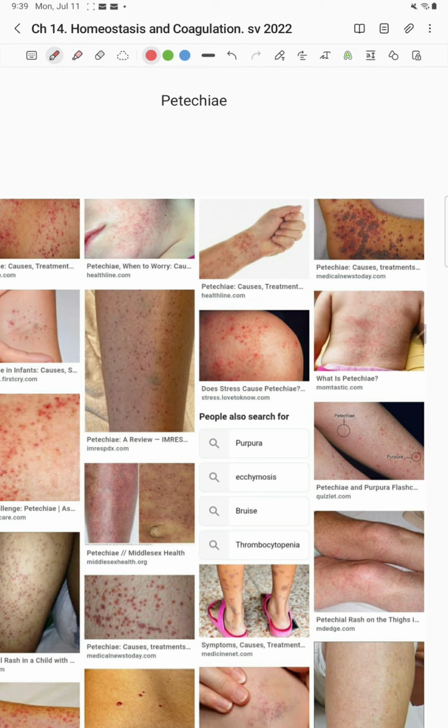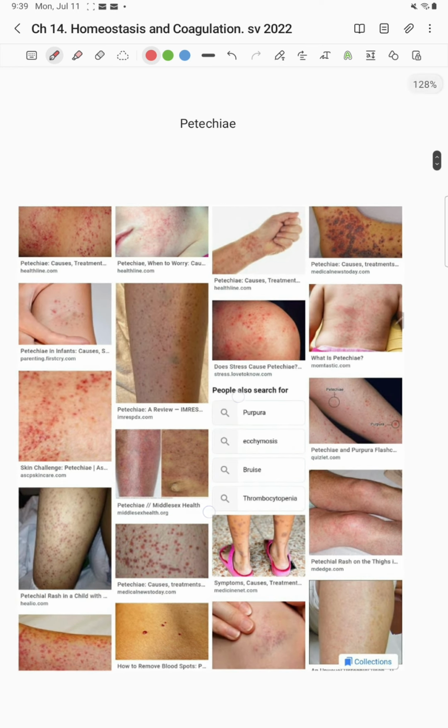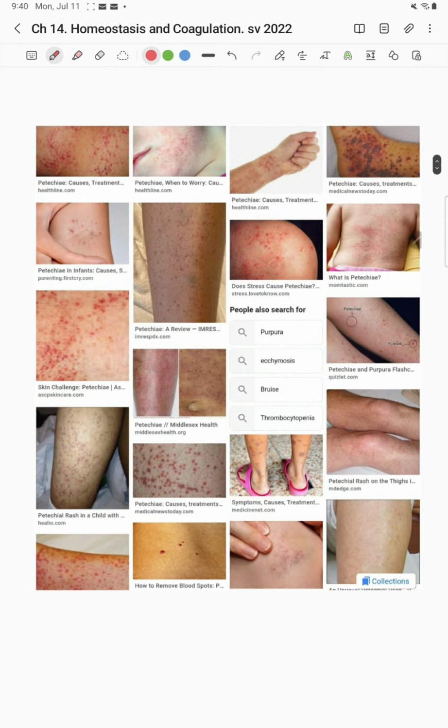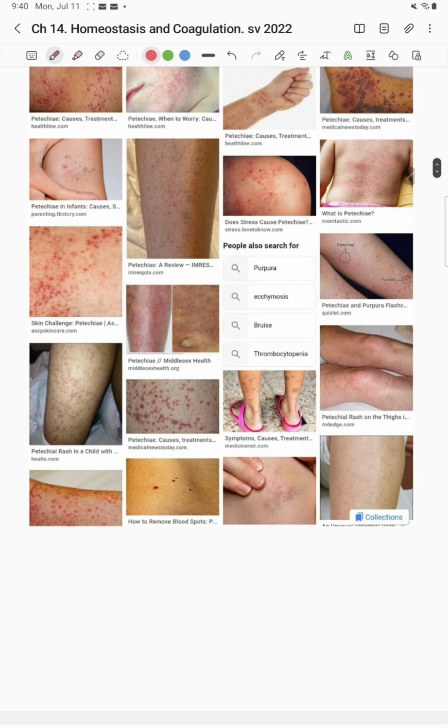Petechiae is these tiny little red or purple spots that you'll see on a person. Okay, this is an indicator that they may have a blood clotting issue or some sort of abnormality with hemostasis.